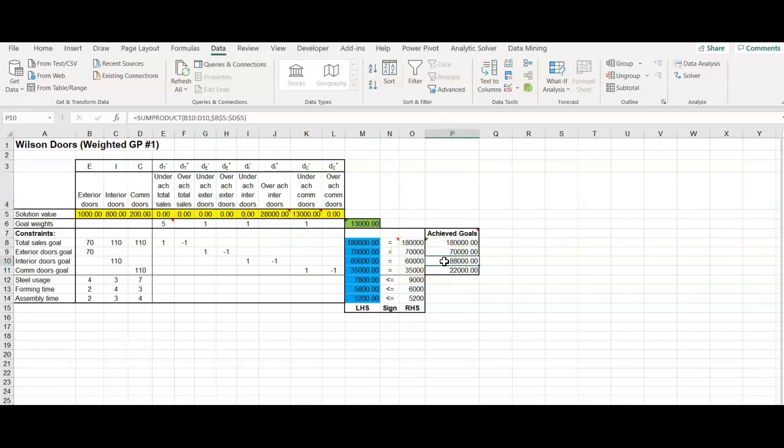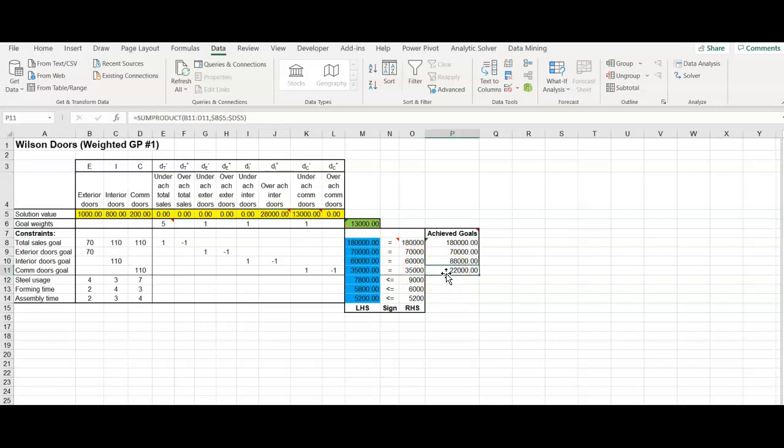The third goal, however, is overachieved because we had set the goal target to 60,000, but we have actually achieved 88,000, which is 28,000 more than what we had set. And that is why you see that the negative deviation for the third goal is 0, but the positive deviation is 28,000, which means that we have overachieved our goal by 28,000.